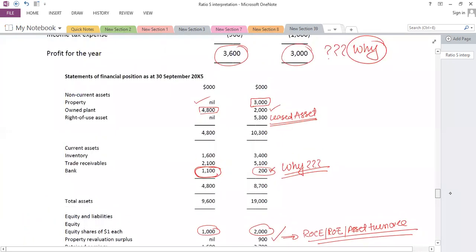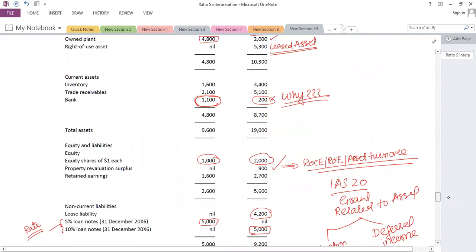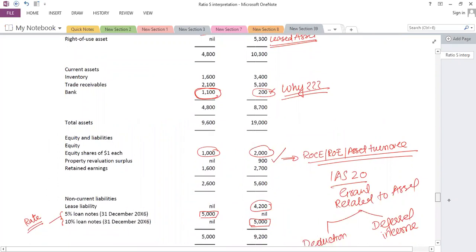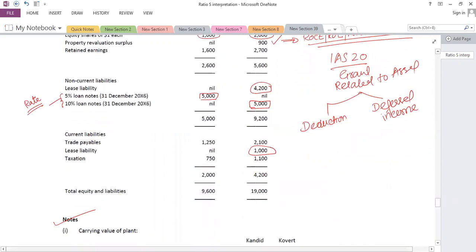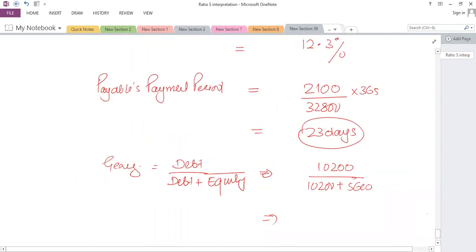Convert equity is 2,900, 5,600. Can you find out the answer? 10,200 divided by 15,800 will give us a figure of approximately 65%.